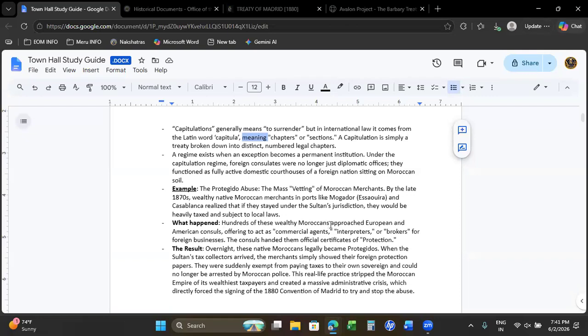Hundreds of these wealthy Moroccans approached European, right? So the Empire of Morocco, even at that time, approached the American government and these other European states, and American consuls, offering to act as commercial agents, interpreters, or brokers for foreign businesses. The consuls handed them official certificates of protection. So what did it do?